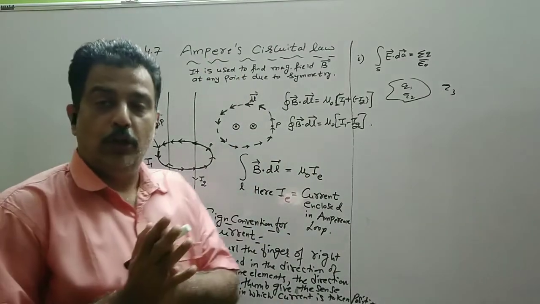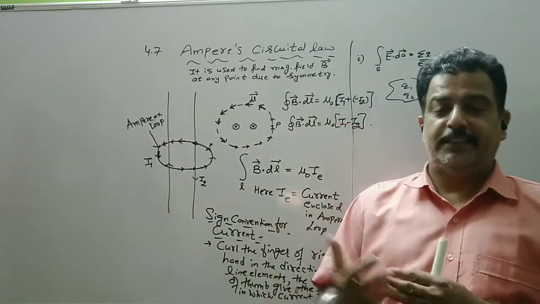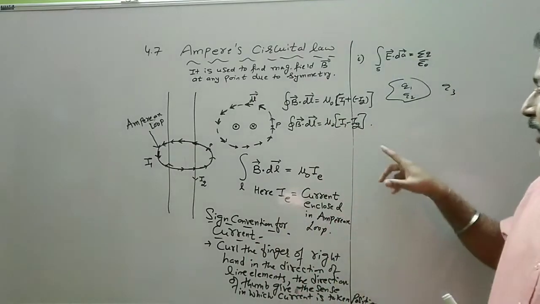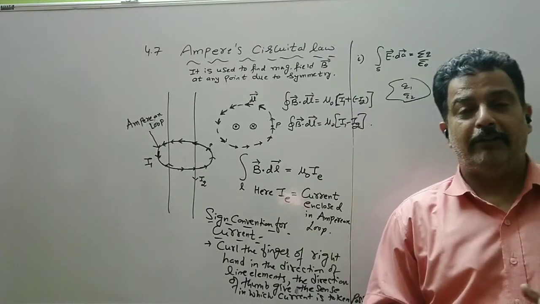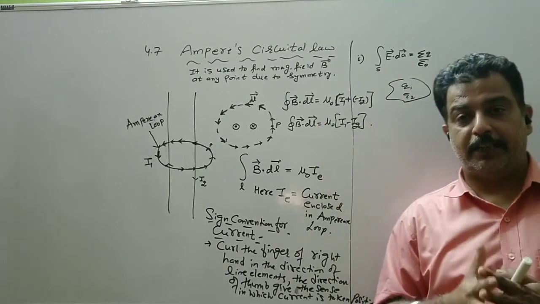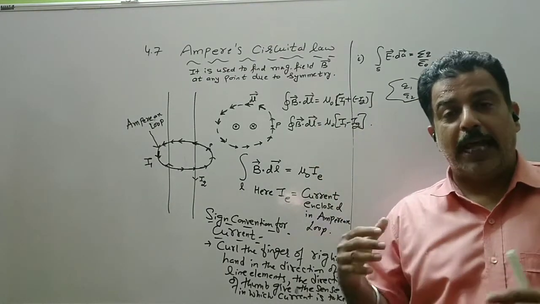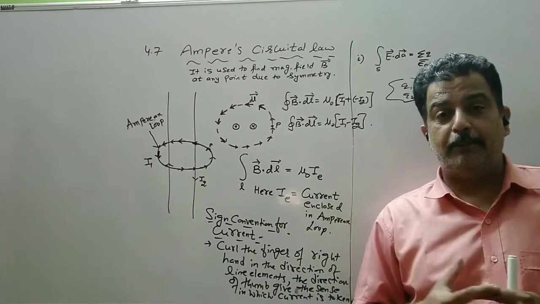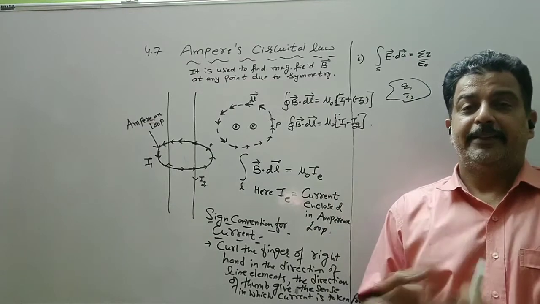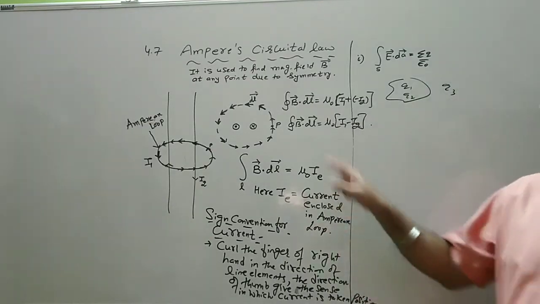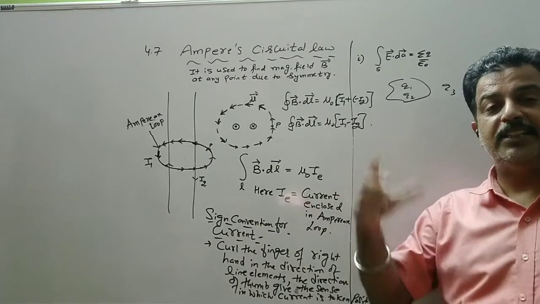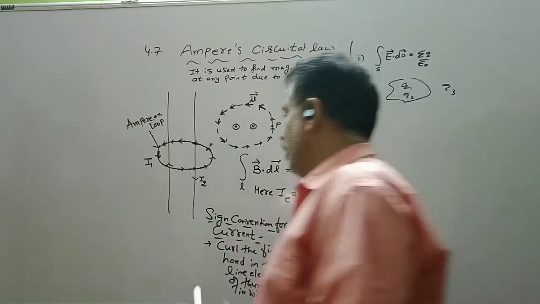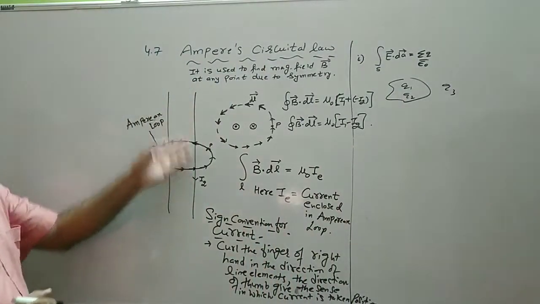So Ampere's law will be easier while considering the Amperian loop. We know that if I remove this dot, there will be an angle between the B and dl vectors. So the Amperian loop is chosen in such a way that B is tangential to the Amperian loop. So this is the situation, this is your line element.